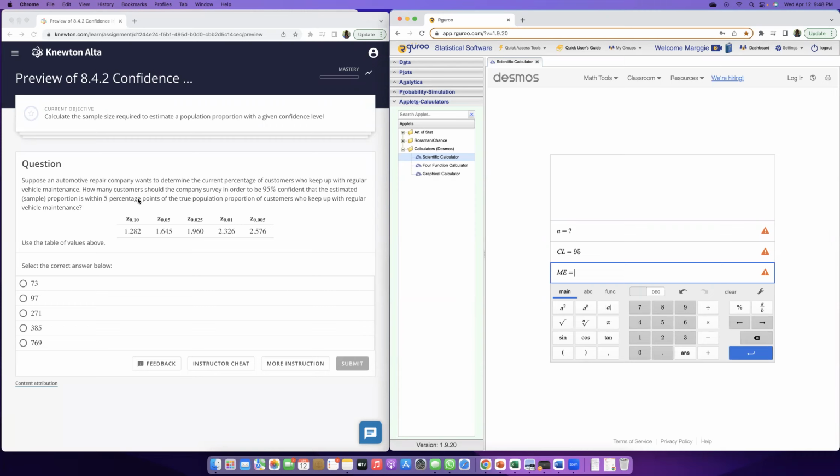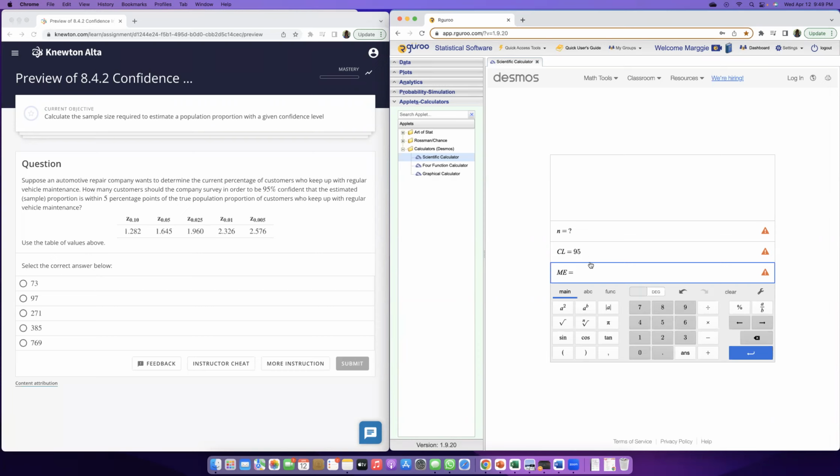Remember that the margin of error is that distance that we are allowing ourselves to go from the center of the confidence interval. In this case, the center of the confidence interval is given by the proportion. So we are going to allow ourselves to go 5 percentage points to the left and 5 percentage points to the right.